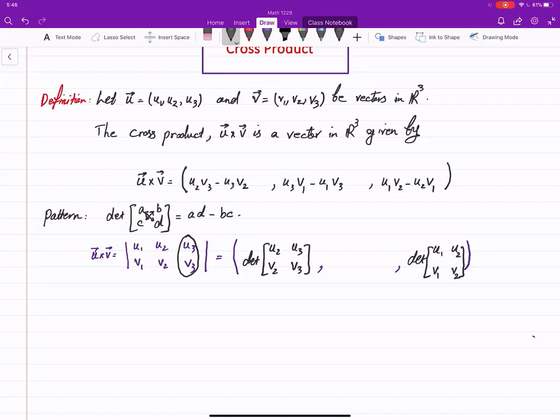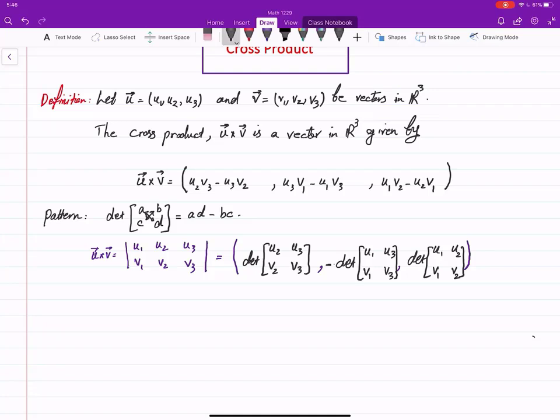And for the middle one, you also ignore the second column, and the remaining is basically the determinant of, you see, this is the first column of that matrix, U1, U3, V1, V3. But in the middle entry, that second entry, you have to multiply that determinant by a negative sign. And that is how you find it.